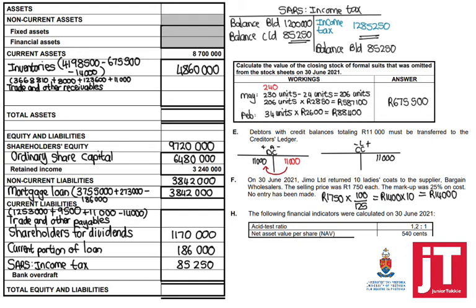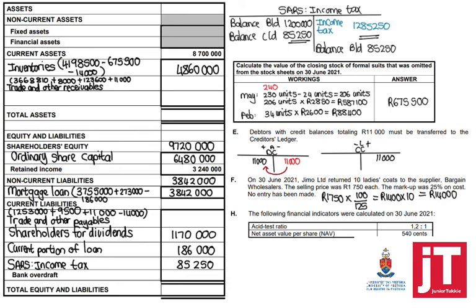Asset test ratio means current assets minus inventories, or you can say trade and other receivables plus cash and cash equivalents. Now cash and cash equivalents is still unknown. So I'm going to use now the asset test ratio, the current assets and the inventories that I've just calculated to find out what is the total current liabilities.